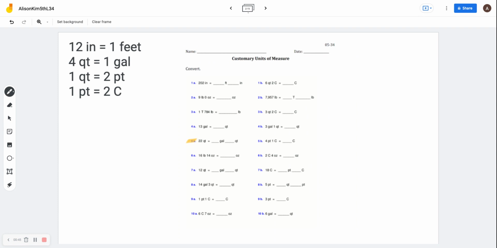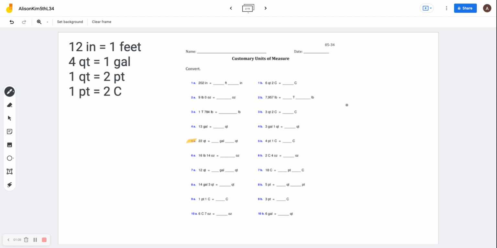So we're going to be seeing how many full gallons can go into 22 quarts, and then the quarts that are left we're just going to put right here. Since we're dealing with quarts to gallons, we know that 4 quarts equals 1 gallon.